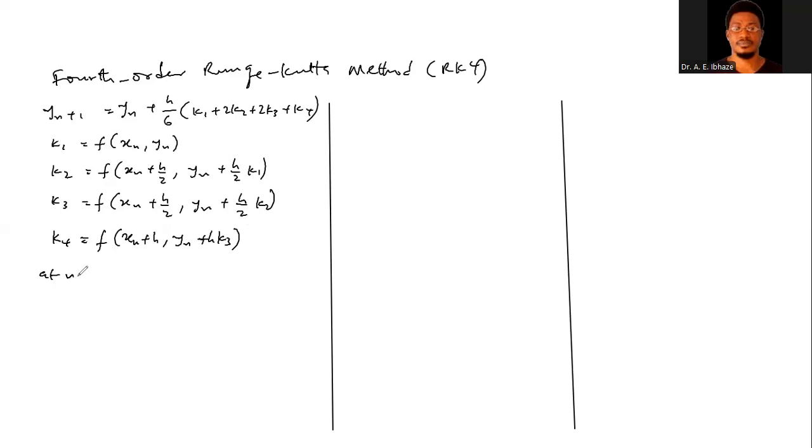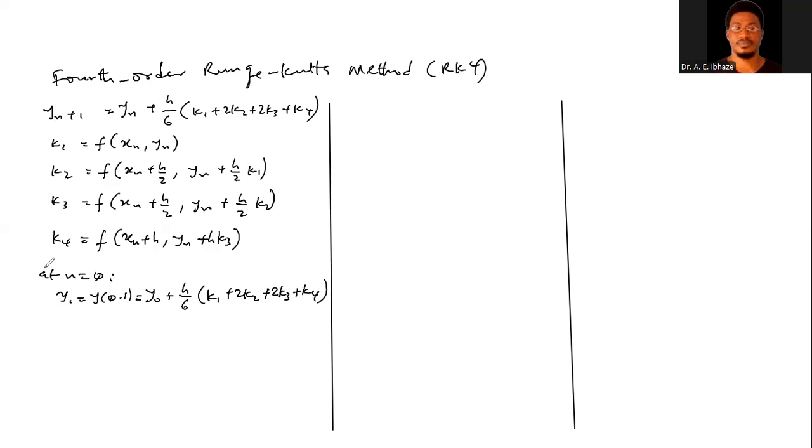So at n equal to 0, we have y1, being the same as y at 0.1, which is required for the next time step, will be the same as y0 plus h over 6 into bracket k1 plus 2k2 plus 2k3 plus k4.